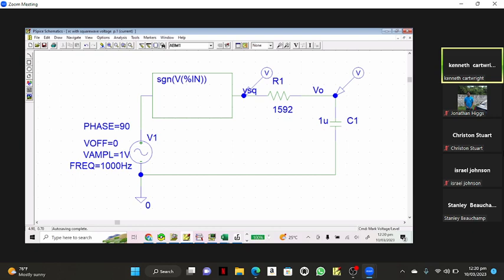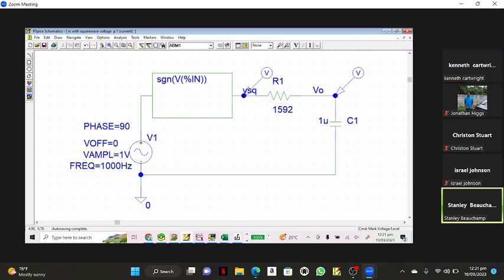Okay. Now, what kind of waveform am I applying to this low pass filter? What's the input to this low pass filter?